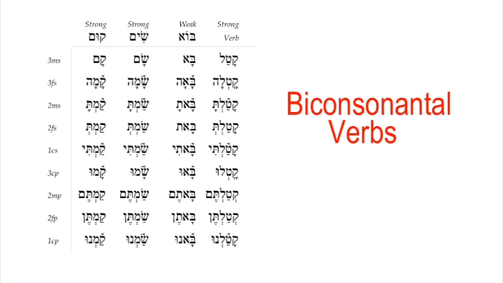Let's read through the paradigm of qum from the 3MS to the 1CP together. Qam, qama, qamta, qamt, qamti, qamu, qamtem, qamten, qamnu. In every instance, you'll see that there are only two root letters in the paradigm form, not three.